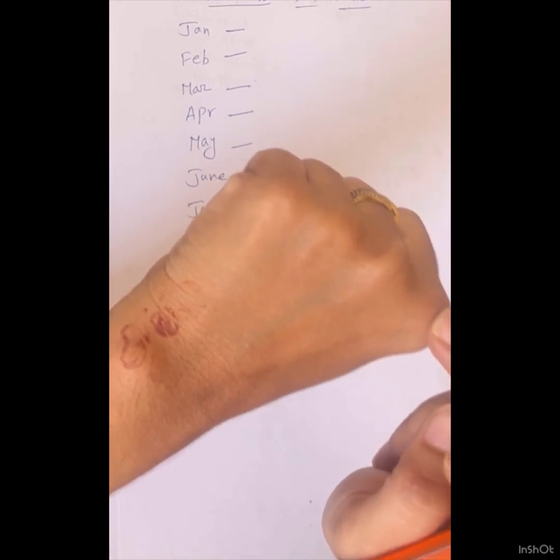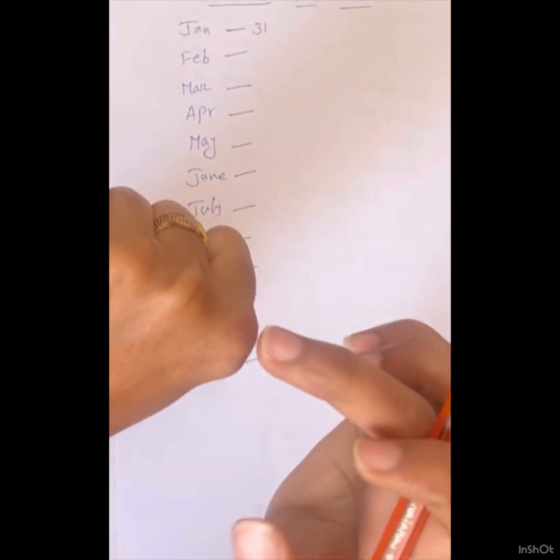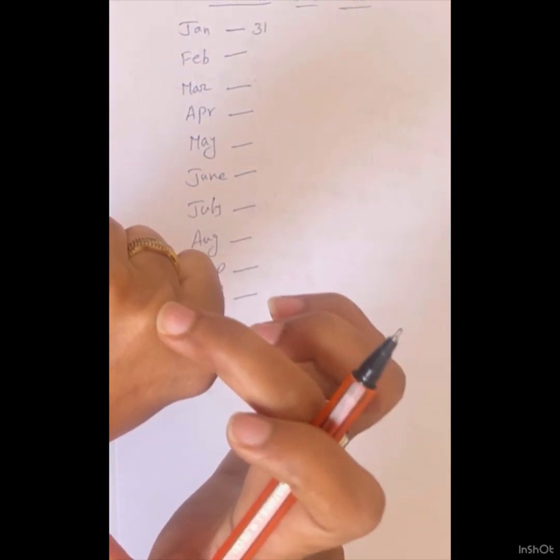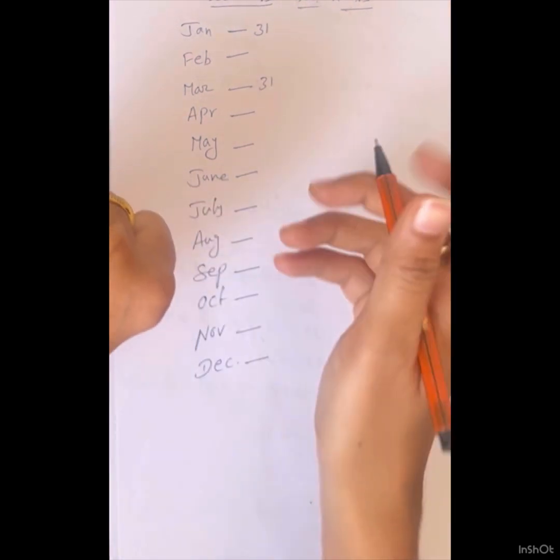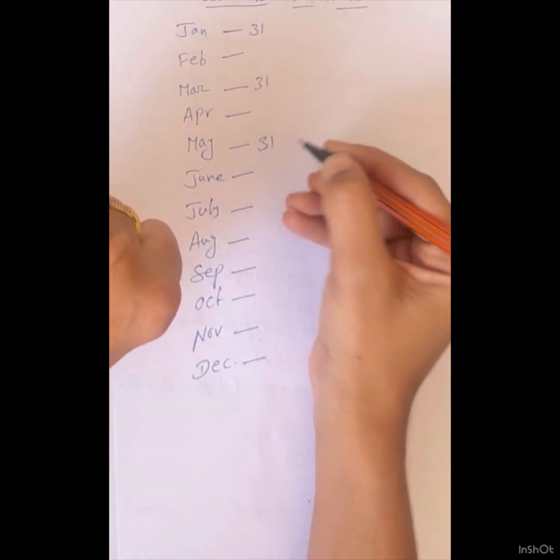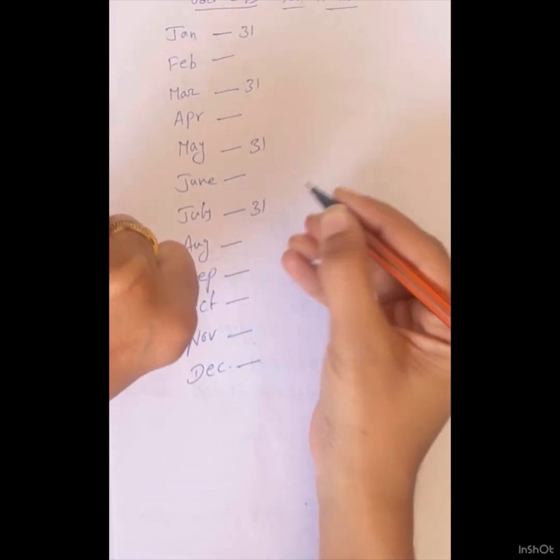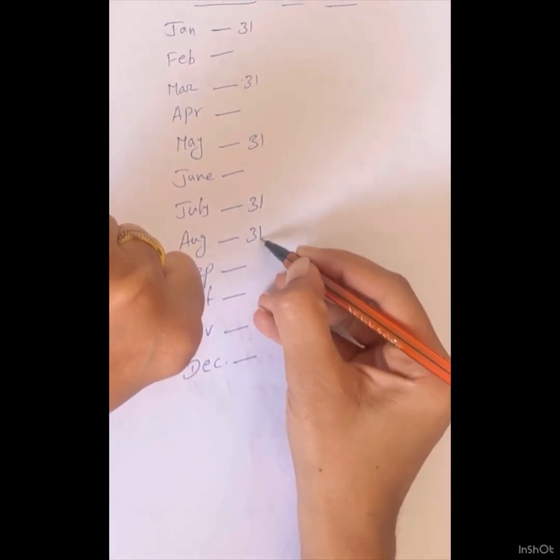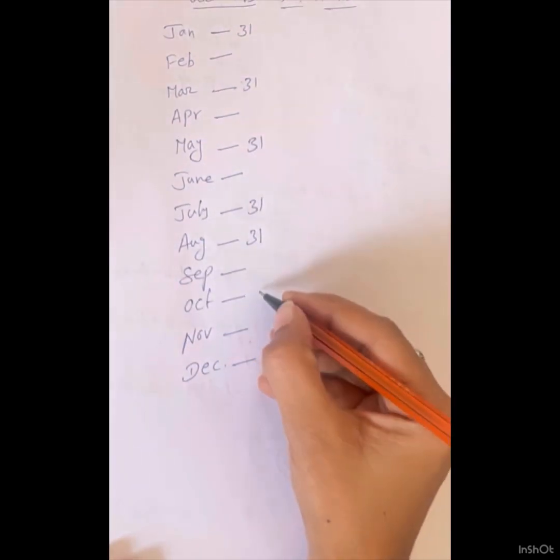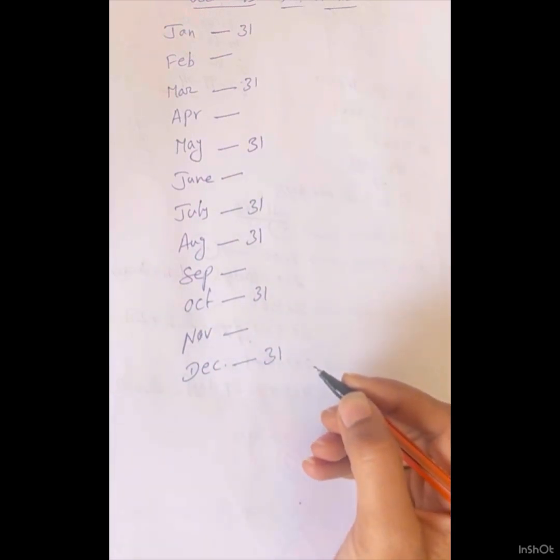January means write down here 31, and then February leave it, and then March 31, April leave it, May 31, June leave it, July 31, and again August is also 31, September leave it, and October is 31, leave November, and December is 31 days.